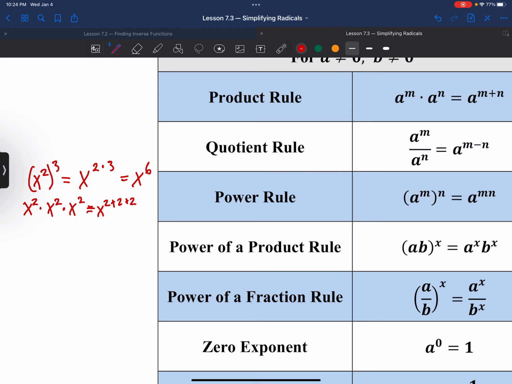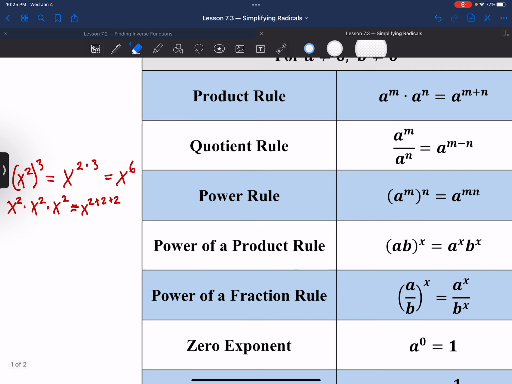And you could think of this as x to the 2 times 3, which of course is 6. So there you go. I'm going to erase that part to keep this not too cluttered. But that's why that power rule works.